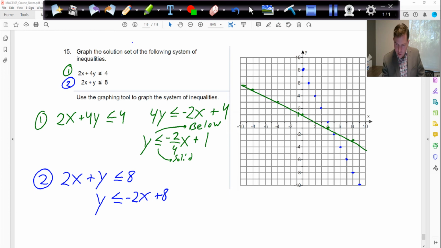All the way down there, and you can go 2 up and 1 left also to fill that in. This one is also solid. And this one's also shading below it. So let's get the solid line in here.